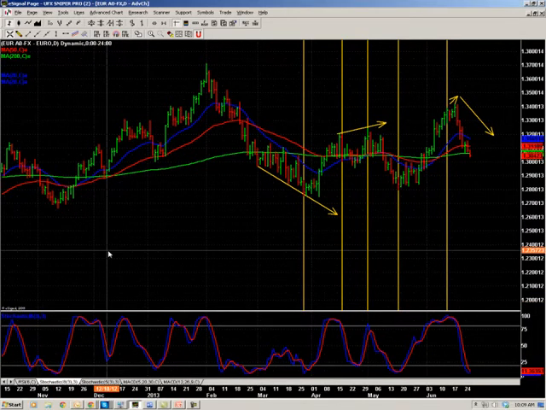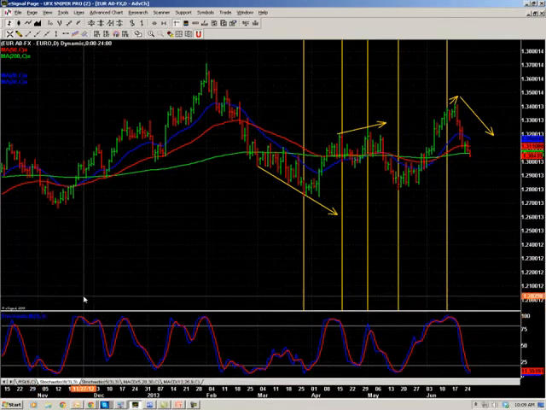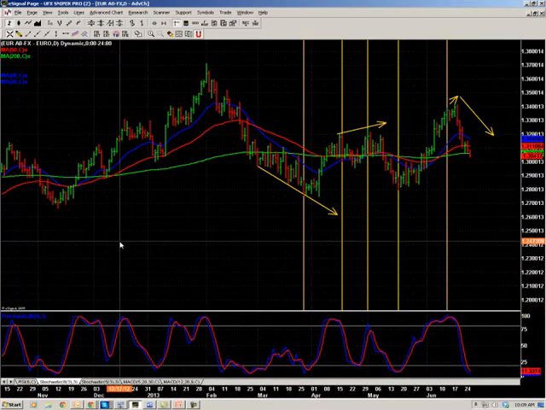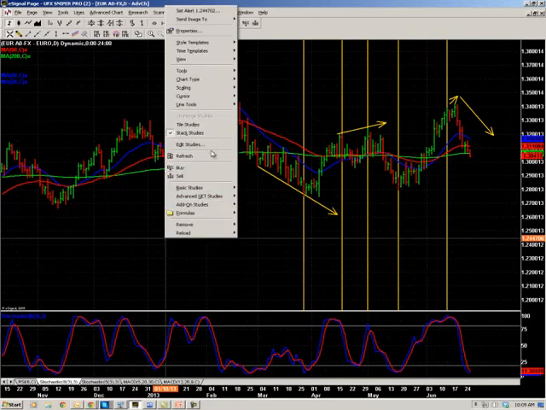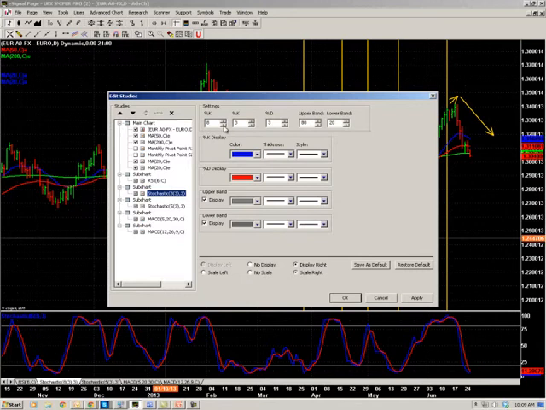Stochastic indicator, my favorite, and the settings are 8-3-3. 8 is the number of days, and then 3, 3. So 8-3-3, again, 80-20 or 70-30, not a big deal, doesn't matter. These are the numbers that have to be spot on, the 8-3-3.